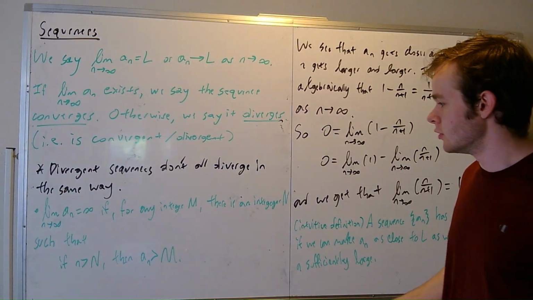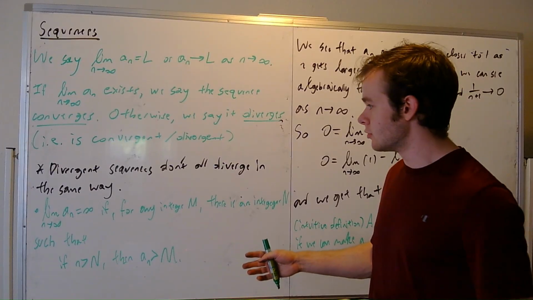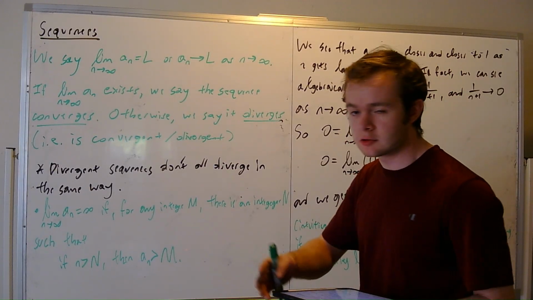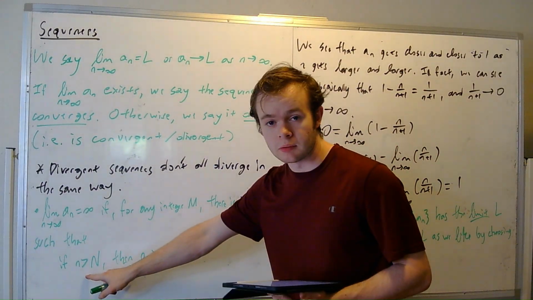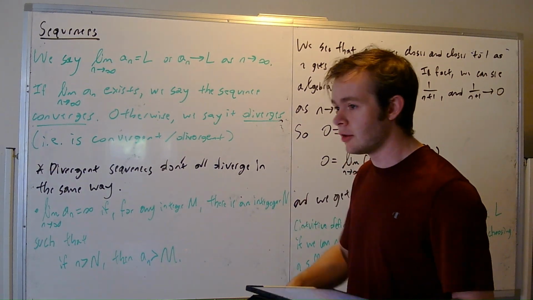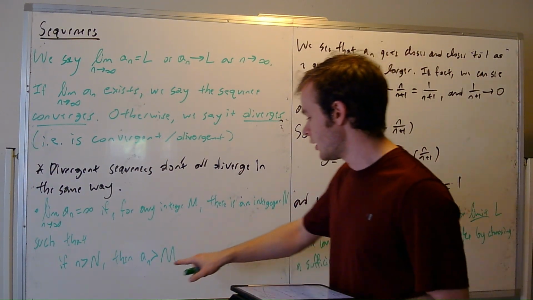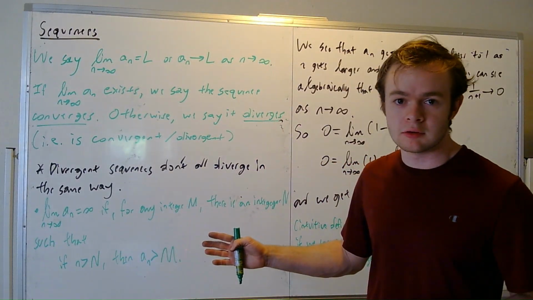So we're saying it diverges if you can pick any number you want and say, well, all the entries in the sequence after some point are going to be bigger than M. And you can do that for any possible number, right? So if you wanted M to be 10, then you can pick a point in the sequence where all the numbers after that are bigger than 10.